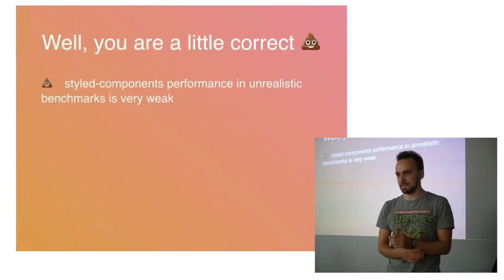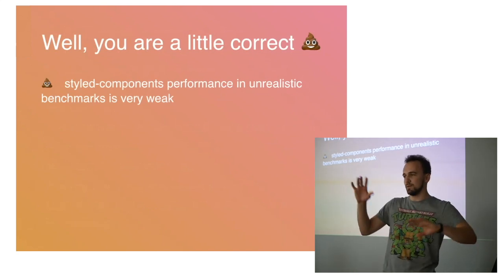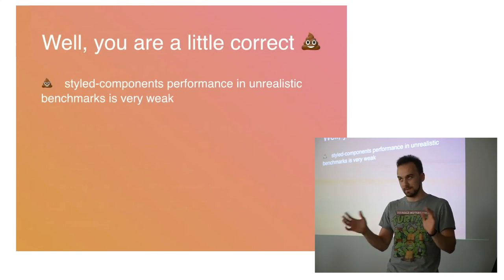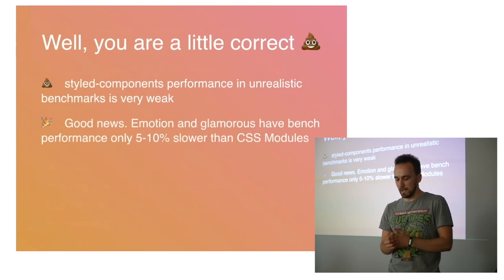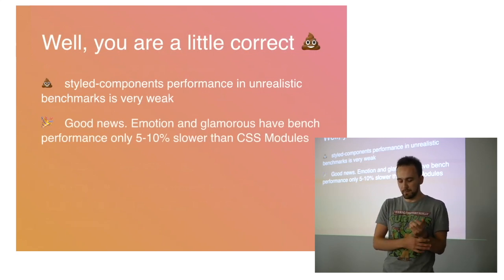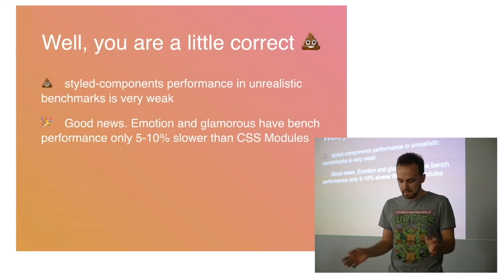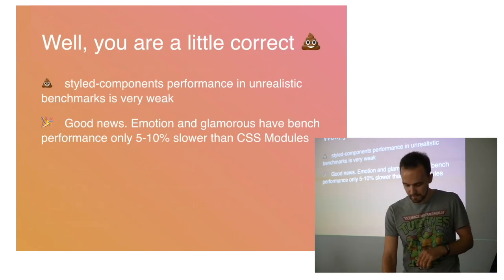So styled components, this library itself, has weak performance in the benchmark with billions of nodes and all this kind of stuff. A little bit, yes, quite weak. But it's not realistic at all. The good news is that Emotion and Glamorous, in this not realistic benchmark, are only 5–10% slower than CSS modules, which today is one of the fastest solutions for styling your components, with all this tricky stuff and isolation.